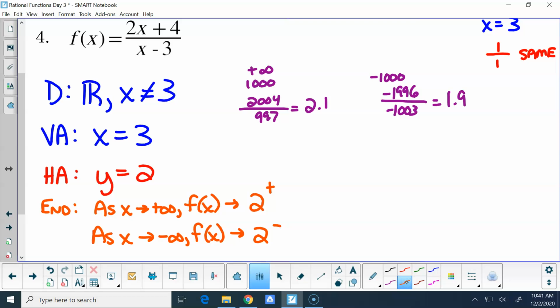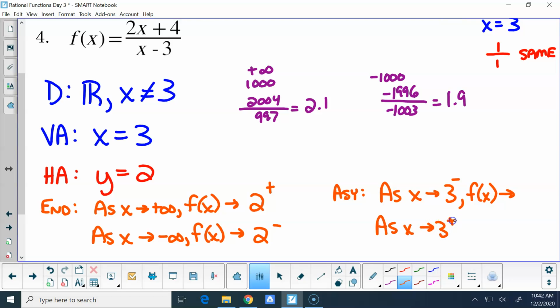Then we've got asymptotal behavior. As x approaches 3 from the left, what's my function doing? And as x approaches 3 from the right, what's my function doing?